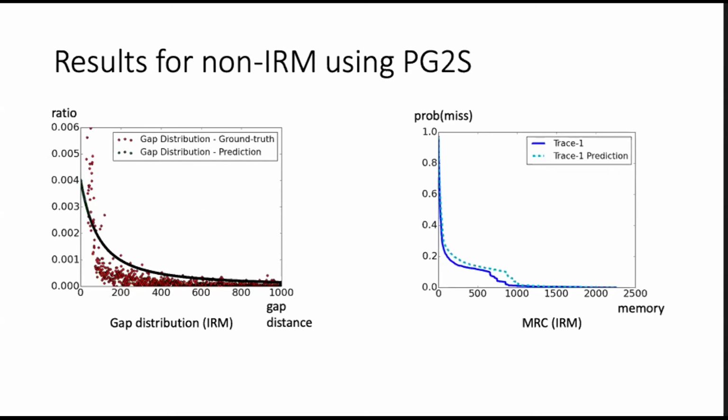The predicted gap distributions are always higher than the ground truth, and similarly, the MRCs are higher than the ground truth. In both cases they have these discrepancies, but do the discrepancies in the gap distribution imply the MRC discrepancies? This is what we are trying to capture, and hence we proposed PG2S plus.